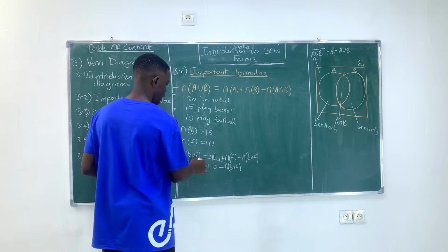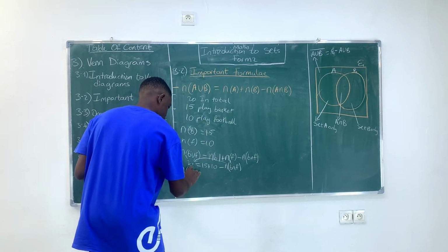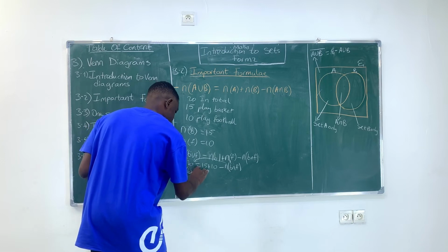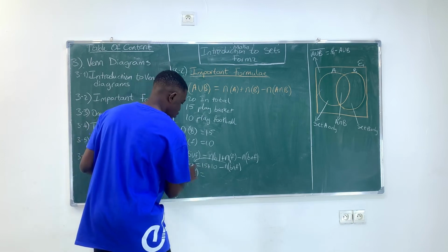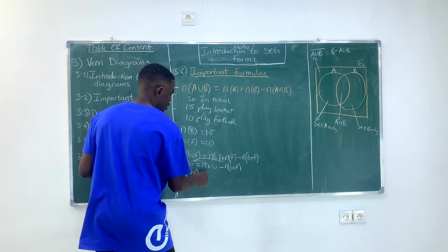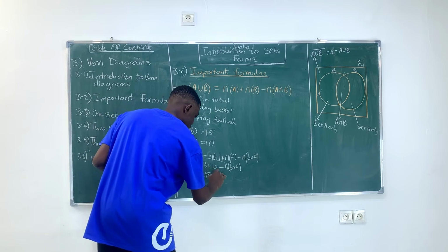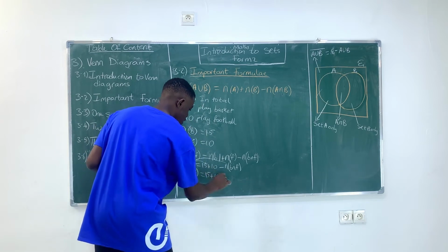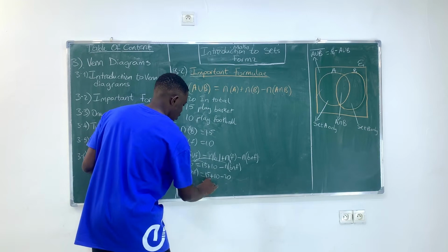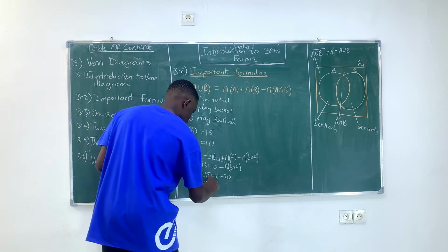If we bring this one behind here, it becomes negative. So N of B intersection F is equal to 15 plus 10 minus 20. 15 plus 10 is 25, and 25 minus 20 is 5.